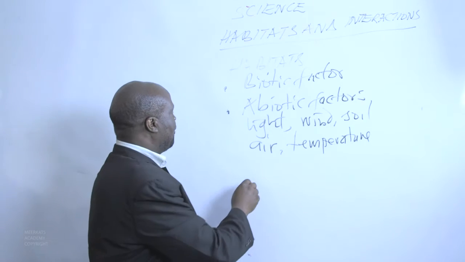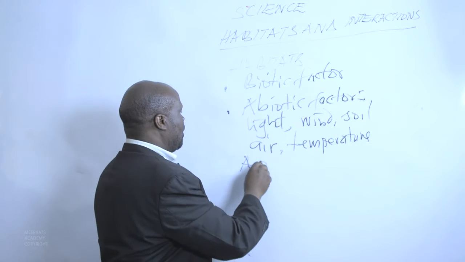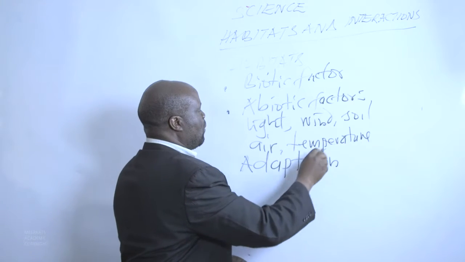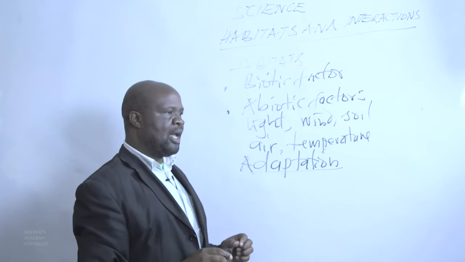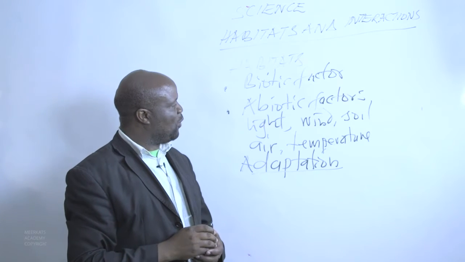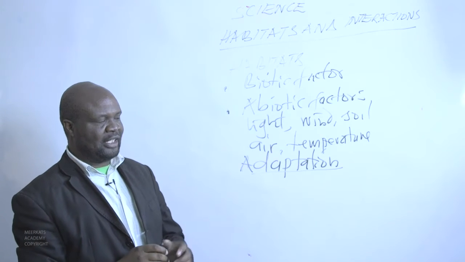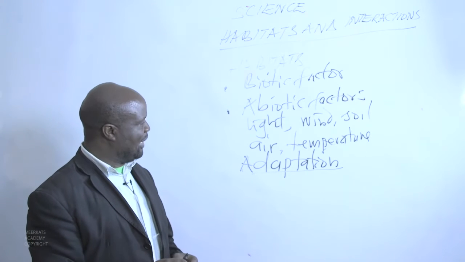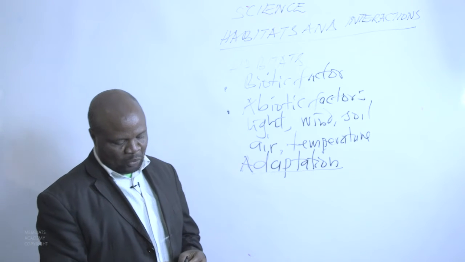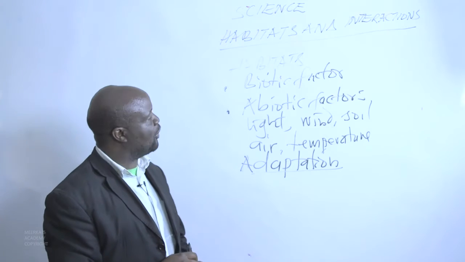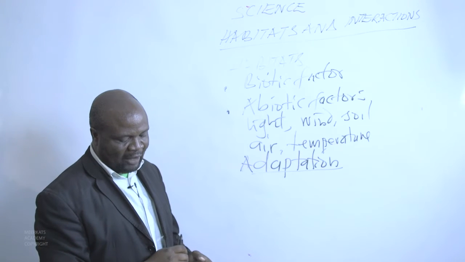Let us look at adaptation. When we talk of adaptation, we want to know how this particular living organism is well adapted to live in a particular environment. How well should it live in that particular environment? So what we are saying is, to survive in a habitat, an organism has to adapt.